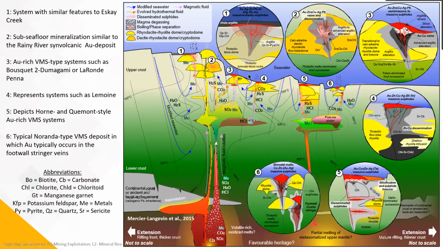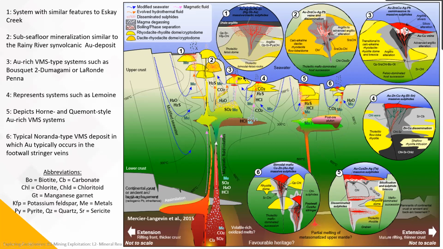So here what I've put is the examples from 1 to 6 of main types that are known. So the McAuley Creek type deposit at 1. The 2 is the Rainy River volcanic ore gold deposit here. At 3, we have the gold-rich VMS types like Bousquet, Magami, and La Ronde Penna area in Abitibi.